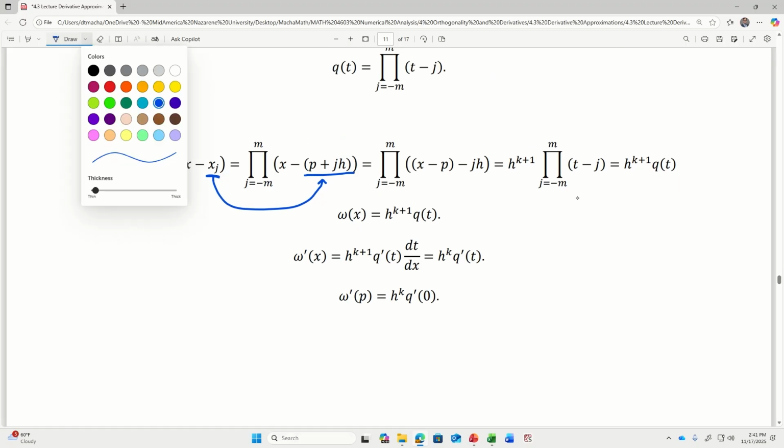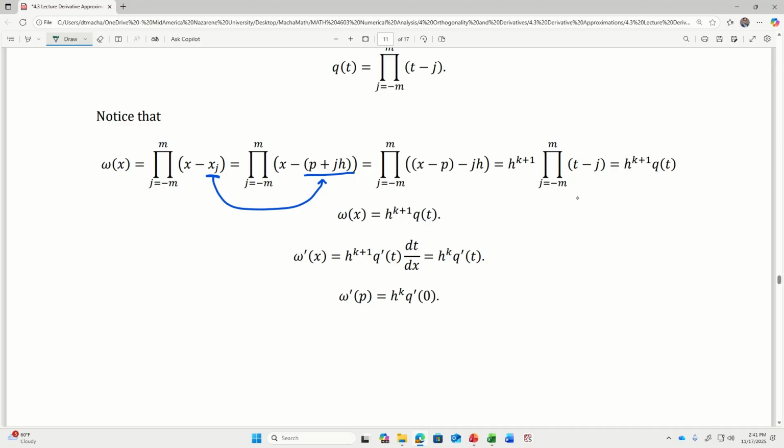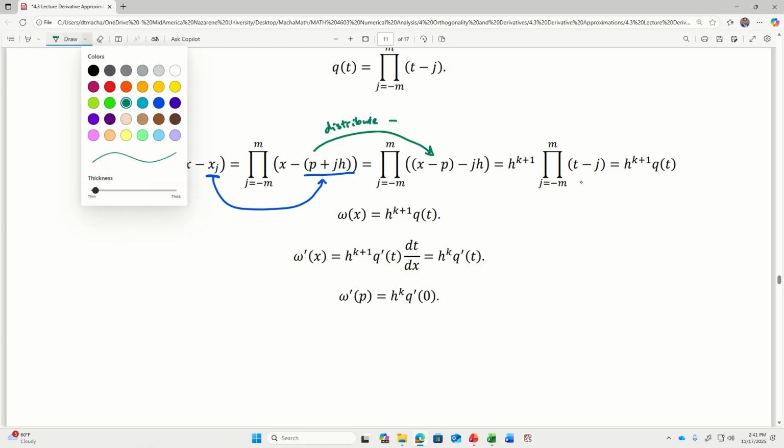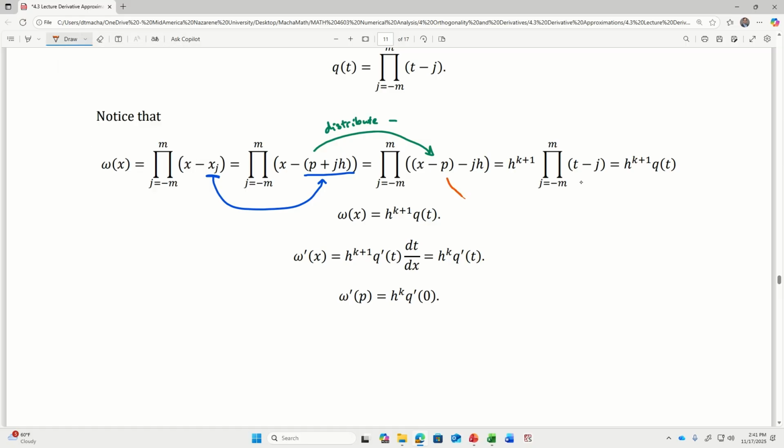In this next step, I'm distributing the minus sign. So it's x minus p minus jh. So we're distributing the minus sign.